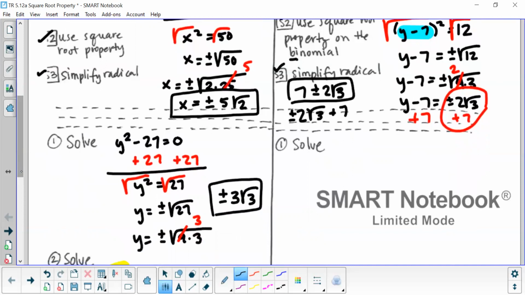And then I want you, after you write this next problem down, to pause the video and try it by yourself. 2 times parentheses b plus 2 parentheses squared equals 80. Go ahead and pause and try that.